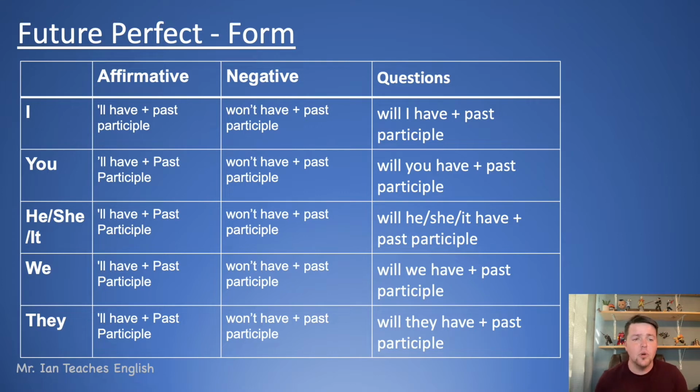For the negative one, for I won't have past participle, you'll actually hear me say "I won't've" and past participle. Now it's important to know this difference because we do write it differently than we pronounce it. We don't write the second part of the contraction here. So go ahead and pause if you want to take another moment, a closer look at the form here.